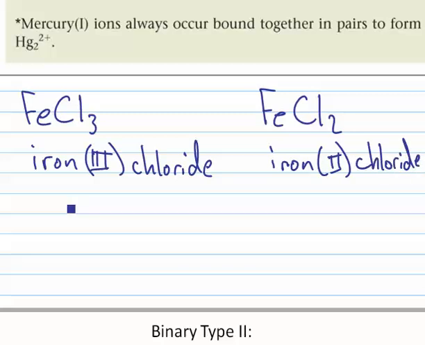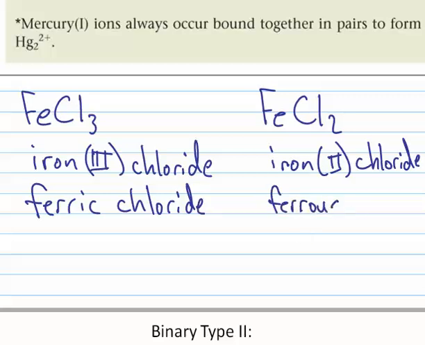Okay. In our classical name, we call the iron(III) ion the ferric ion. So it is actually more common for FeCl3, excuse me, to be called ferric chloride, and FeCl2 we would call ferrous chloride. Okay, and so these are so common that it's important for us to know both the classical and systematic names for iron and copper.